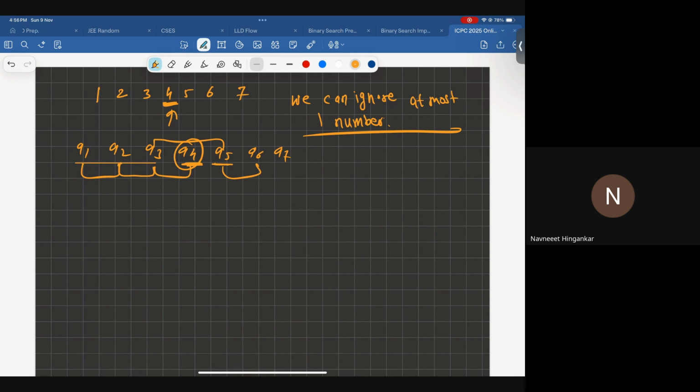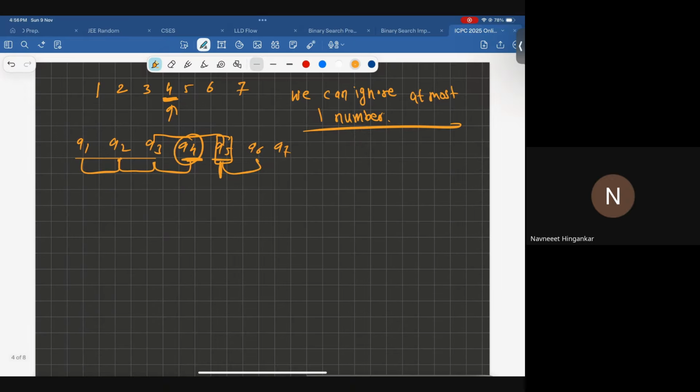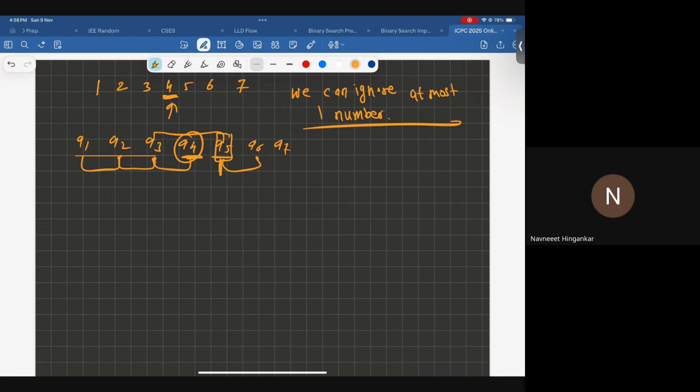Right? So when I'm at A5, either I could ignore A5, or I could consider what I could pair A5 with. I could pair A5 either with A3 or with A4. But let's say I paired A5 with A3. This is done. Whatever the allowance I had, I already used that.